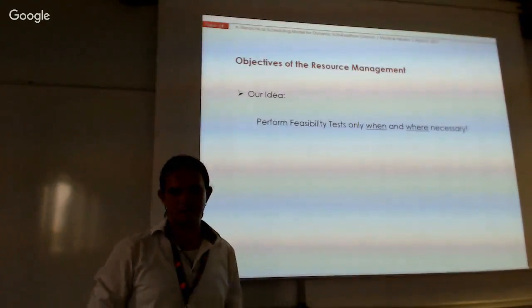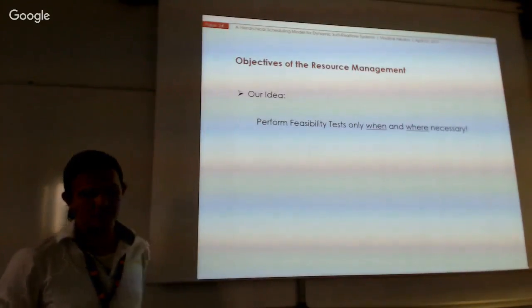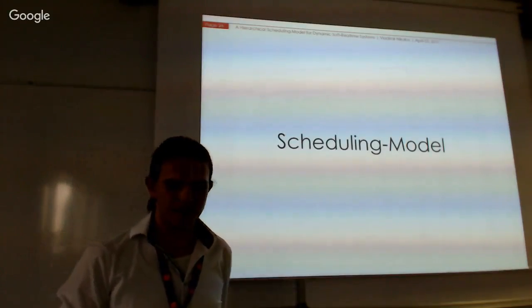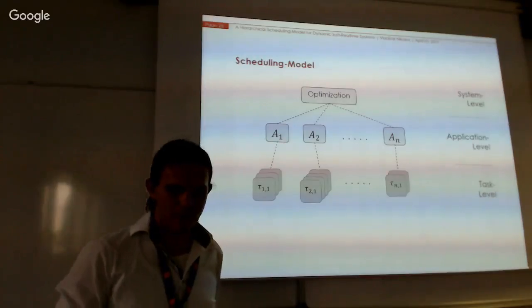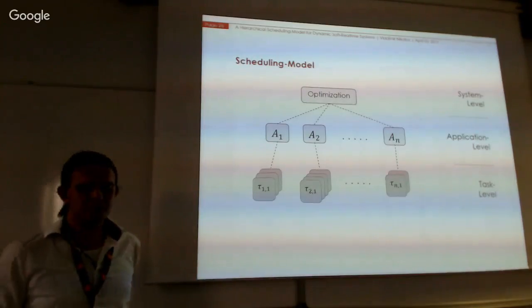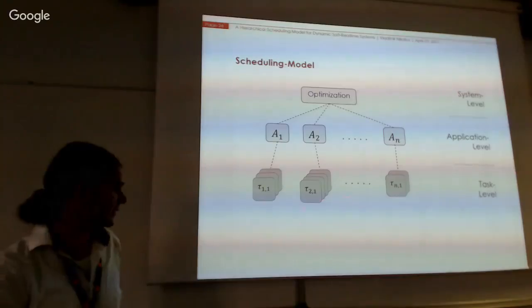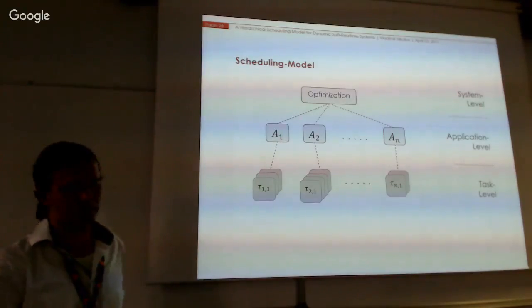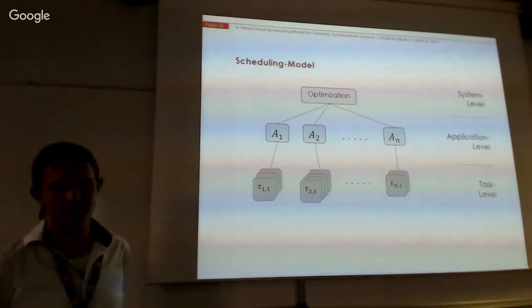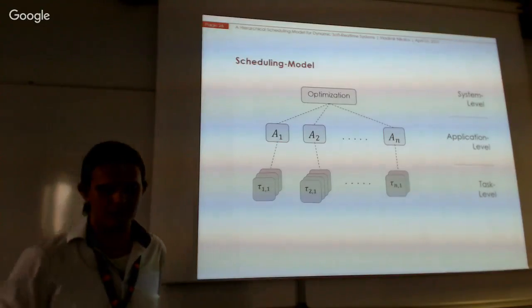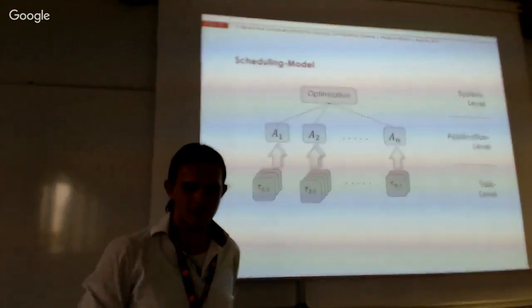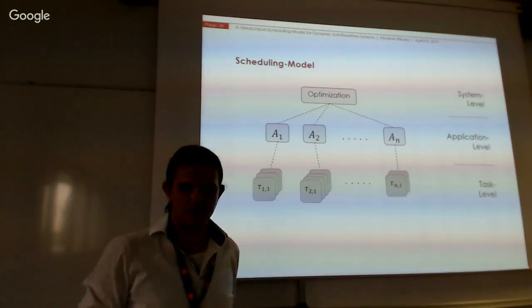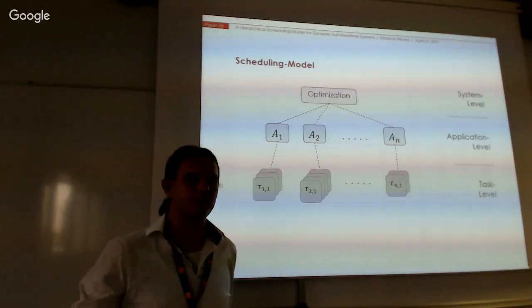Our idea was to perform the feasibility tests only when and where needed in the system, and we followed this idea with a hierarchical scheduling model, which follows the abstractions of tasks at the lowest level, applications on a middle level, and a third level, which is the optimization of the application modes. Thereby, the application behavior is abstracted on each level and forwarded to the next higher level, like a cascaded control system, so that on the top level only global configuration decisions about application modes are made.